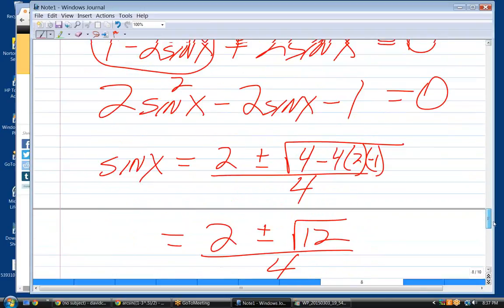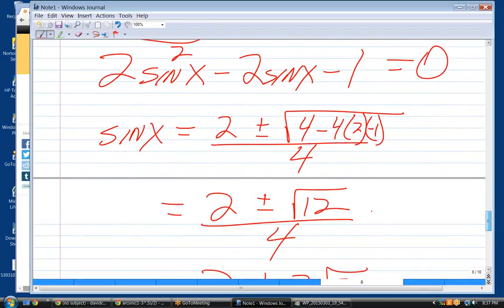But the basic is, if you can factor this, it's relatively easy to solve. But if you have to use the quadratic formula, the secret to using the quadratic formula here is knowing that it's not x equals minus b plus or minus. It's sine x equals all of that.